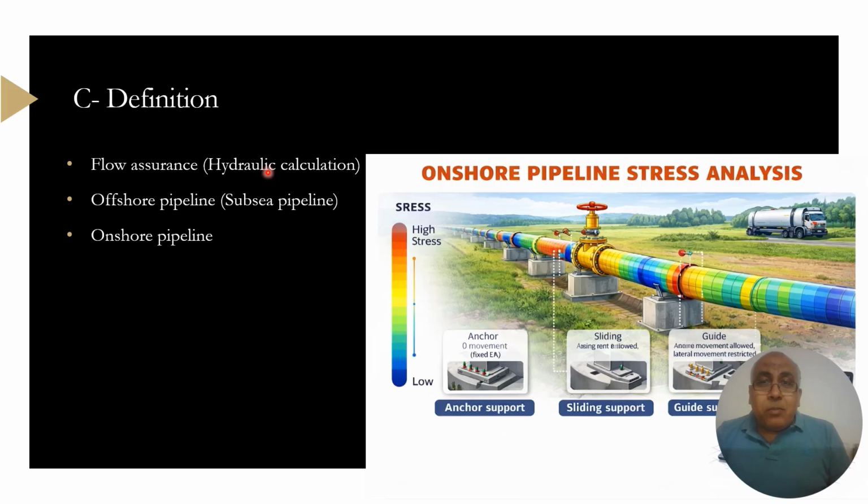For the onshore pipelines, we have two scenarios: buried pipelines, dug in and then backfilled with soil, or pipelines placed on supports, as you can see here in this photo. Here, as a designer, we define the supports that we have. It could be an anchor support, which is a fixed support: as a structural engineer, there are no rotations and no movement in X, Y, and Z. In the case of sliding, I accept an axial force.